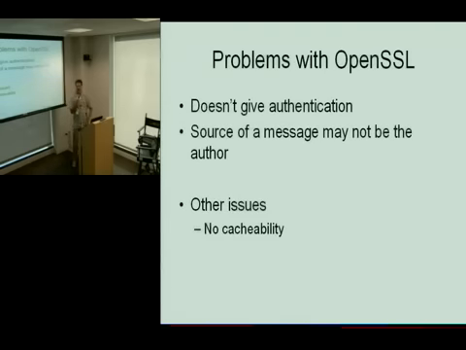One of the problems with OpenSSL is that it doesn't really give authentication in a useful fashion in a federated system like Google Wave, because the source of a message isn't actually the author of the message. For example, if I'm the author of an update that gets into the remote home server for some wave and then gets redistributed to a client, those clients receive the message from the home server, not me.